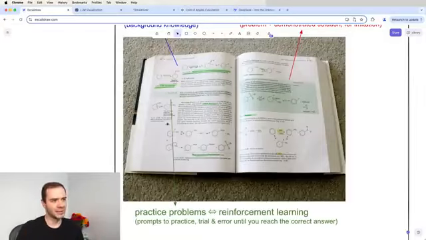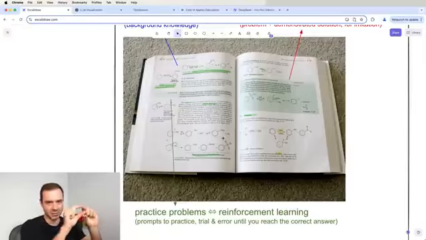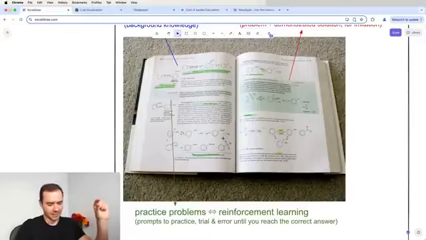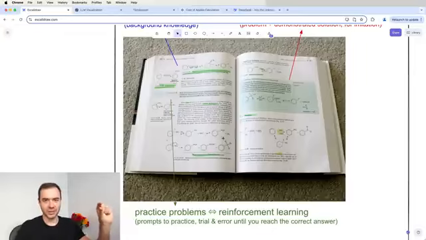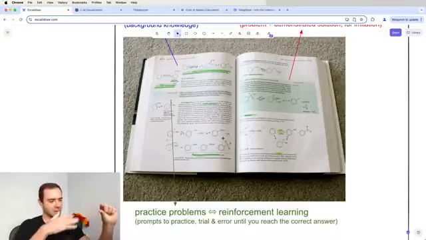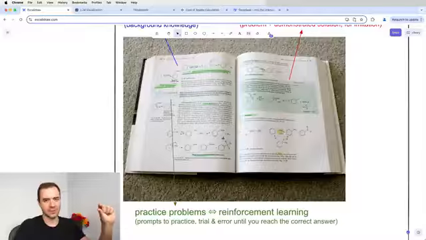In a practice problem you get a problem description, but you're not given the solution. You are given the final answer, usually in the answer key of the textbook. So you know the final answer you're trying to get to, and you have the problem statement, but you don't have the solution. You're trying out many different things and seeing what gets you to the final solution the best. And so you're discovering how to solve these problems.